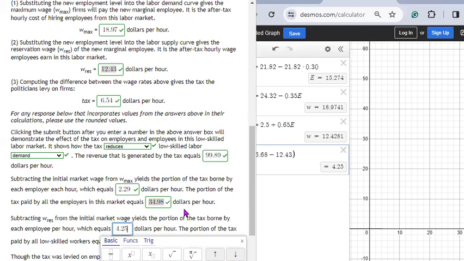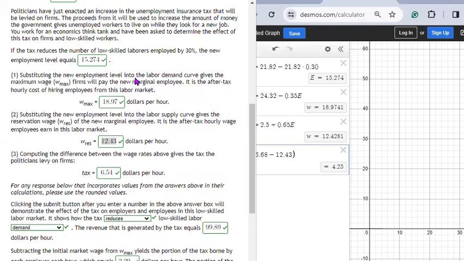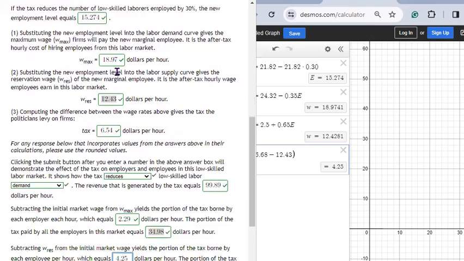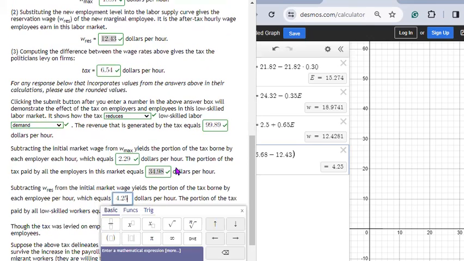The firms can shift their tax burden, a lot of it, most of it, to the employees in the form of a lower wage offer, right? They're only going to offer employees this wage. In my model, 12.43, right? So that's how they're able to shift this tax, most of it, to the worker, right?